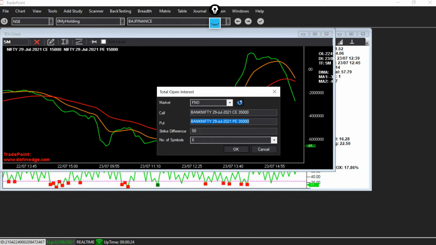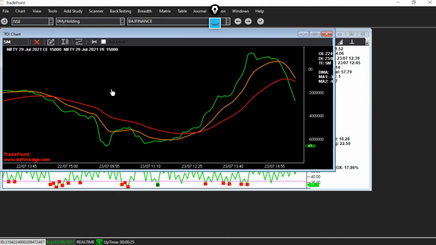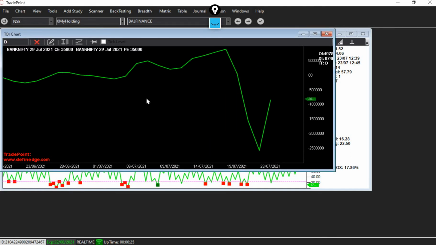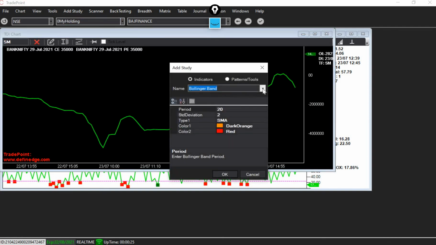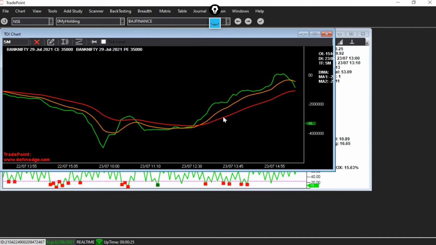Here the strike difference would be 100, as Bank Nifty trades with a 100 strike difference. So click OK and convert this chart to the 5 minute time interval. Press V on your keyboard, then go to add study, then add double moving average on it. Click OK. So now the double moving average is plotted on the total open interest of the Bank Nifty chart.